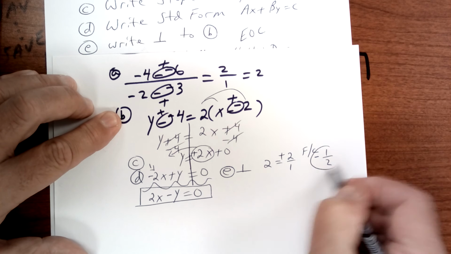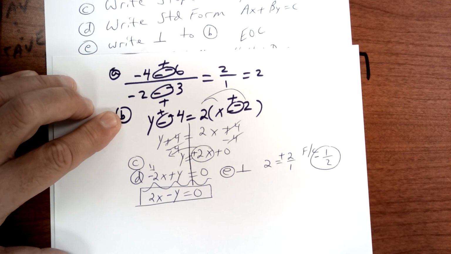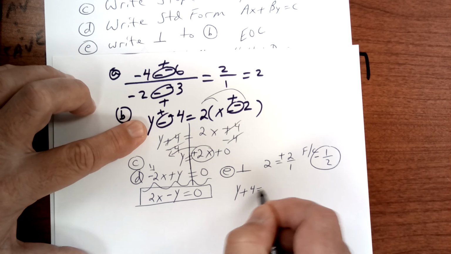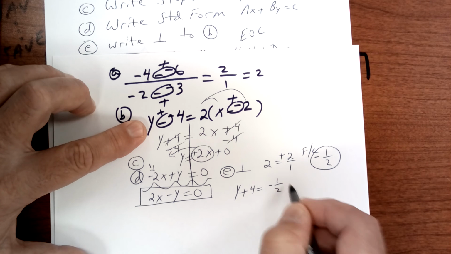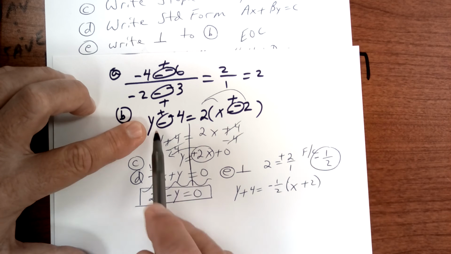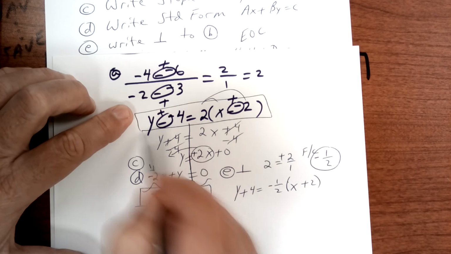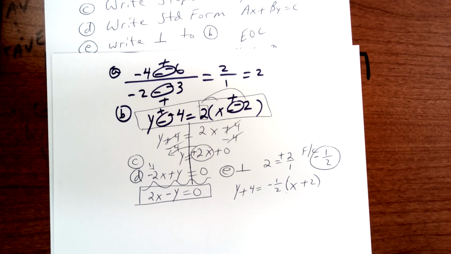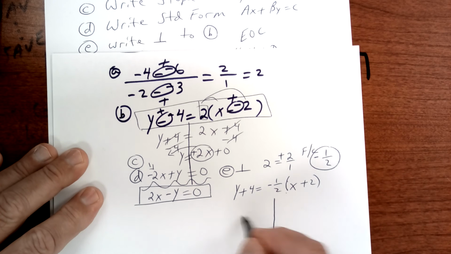So that's the slope you want. So you want to use everything you have here. So it's going to be y plus 4 equals a negative 1/2, and then it's going to be x plus 2. So everything stays the same here except for the slope. The slope changes because you got to flip it and change it to get perpendicular, which is 90 degrees.